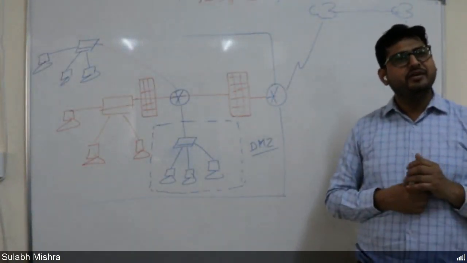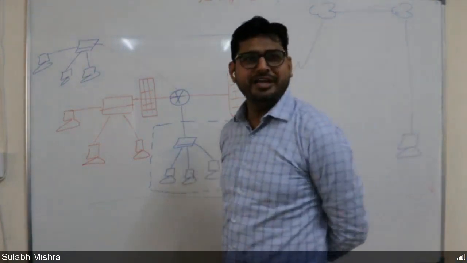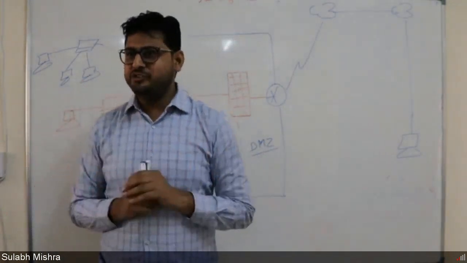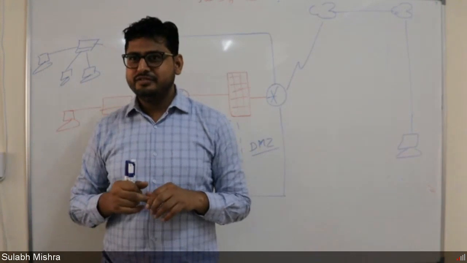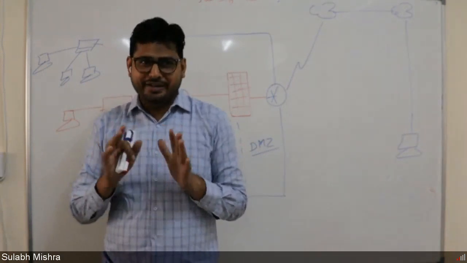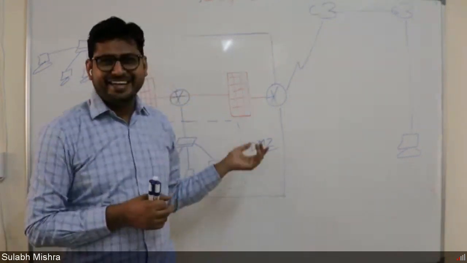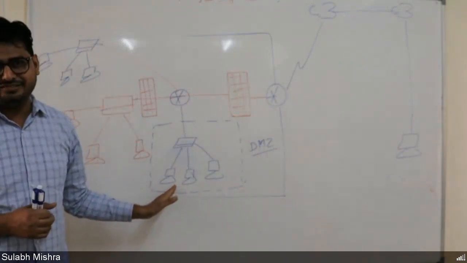Demilitarized. What is a militarized zone? A militarized zone means where we have full security. What is a demilitarized zone? Less security. Demilitarized means less security. Less security does not mean that people can come here and do anything, it means outside people also have access.